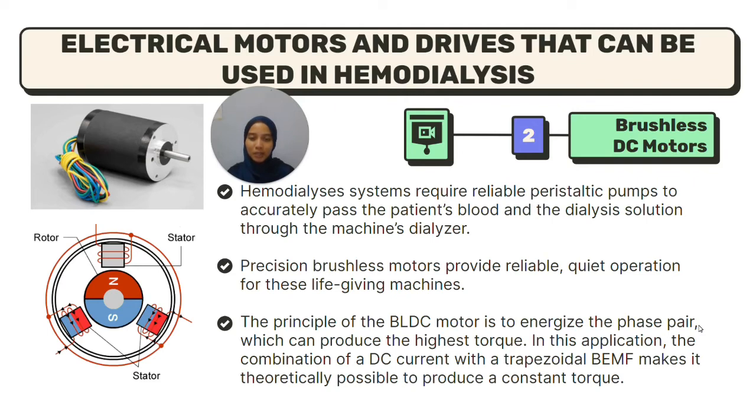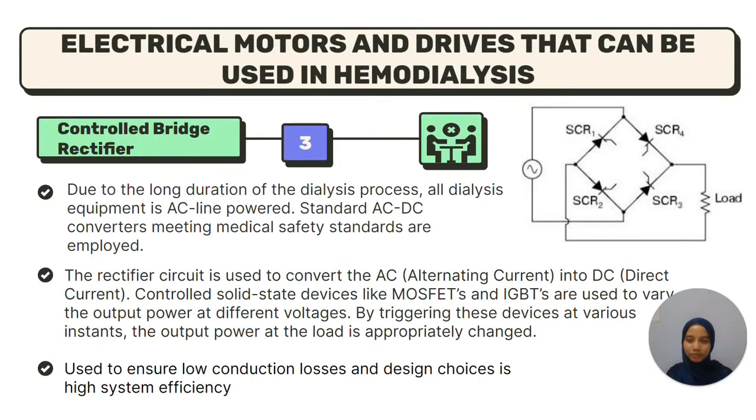The principle of the BLDC motor is to energize the phase pair which can produce the highest torque. In this application, the combination of DC current with a trapezoidal BEMF, which is the back EMF for a brushless DC motor, makes it theoretically possible to produce a constant torque.